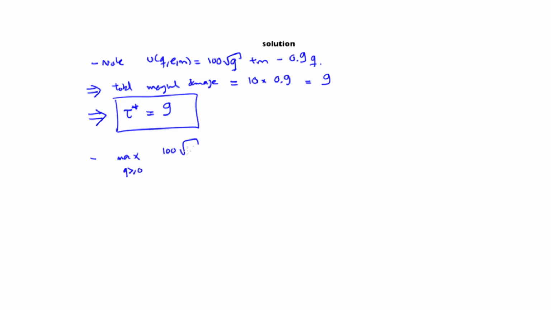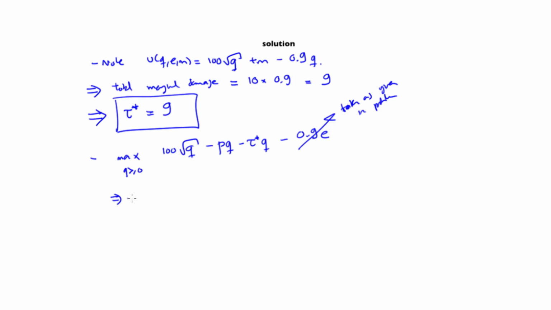100 square root of q minus pq, that's the market price, minus tau star q, that is the tax. They of course have the externality, but this is ignored or taken as given in the problem, and since this is an additive constant, it is ignored.